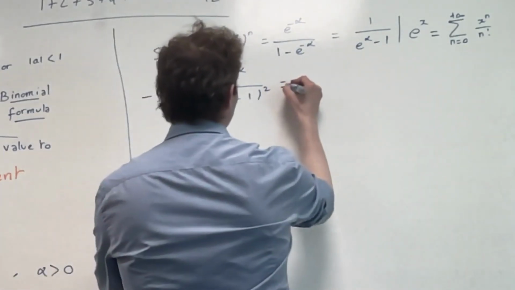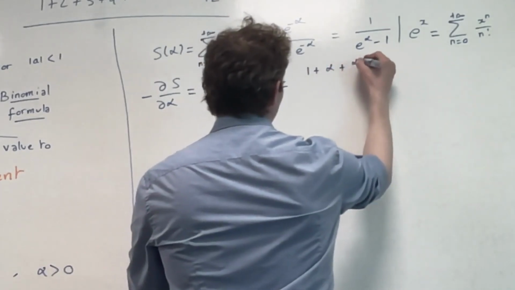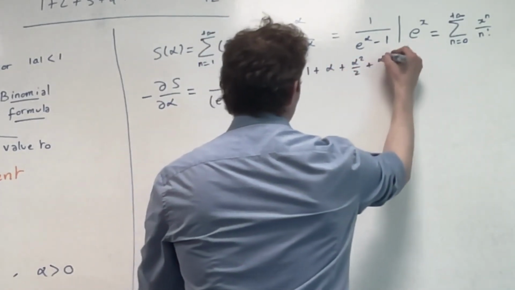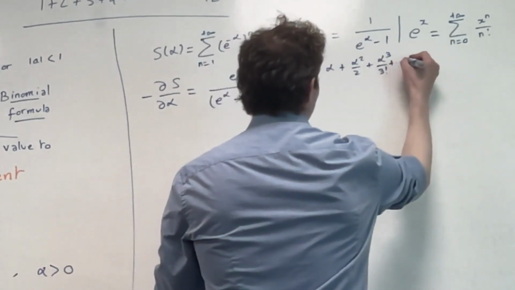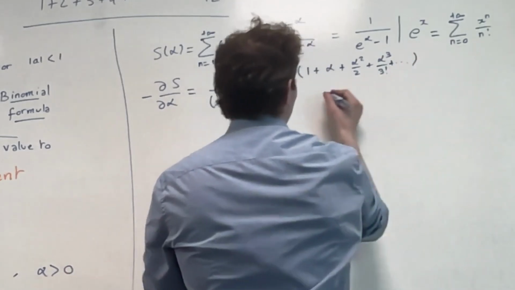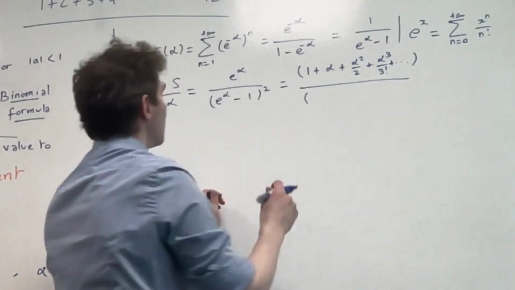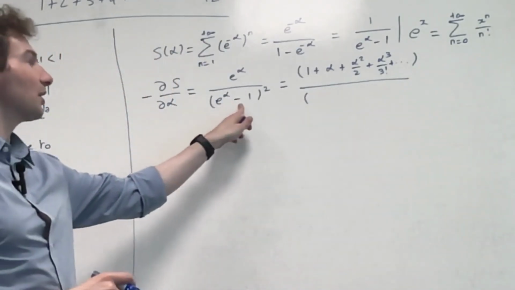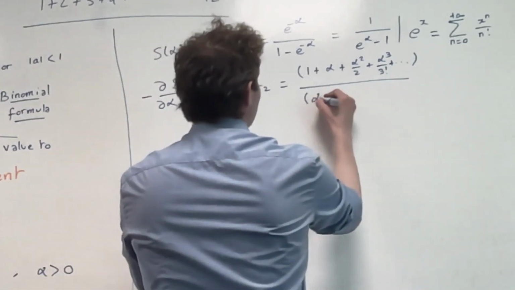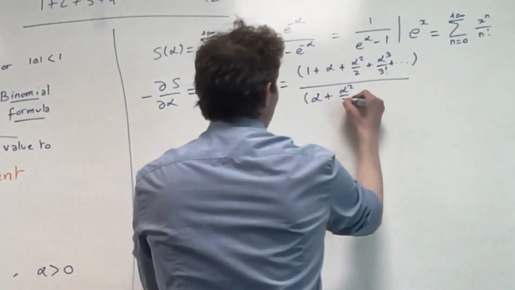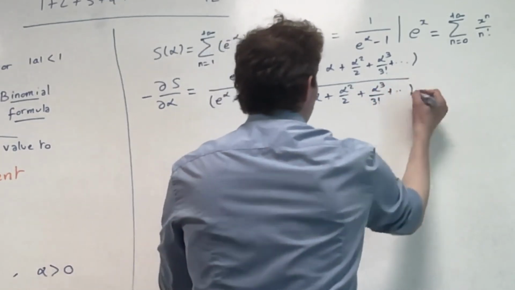So we are going to have here 1 plus alpha plus alpha squared over 2 plus alpha cubed over 3 factorial. And in principle I've got some other terms. And then divided by the same thing, but with a minus 1, so the only thing that I'm going to get is alpha plus alpha squared over 2 plus alpha cubed over 3 factorial, squared.